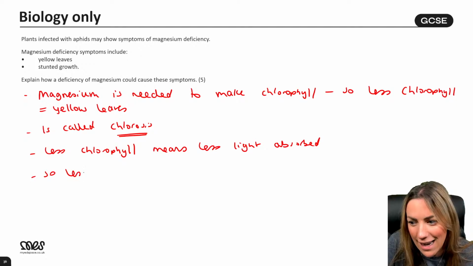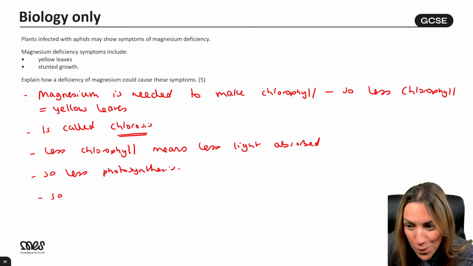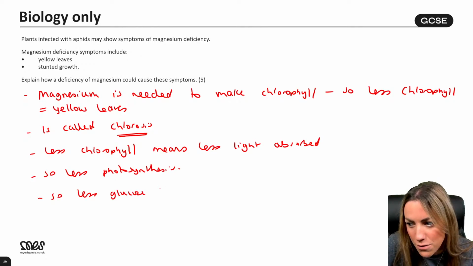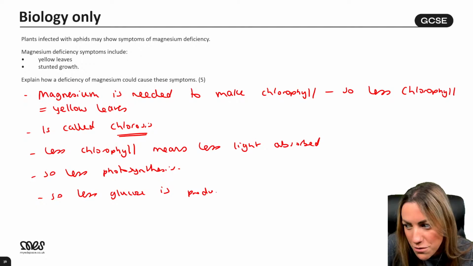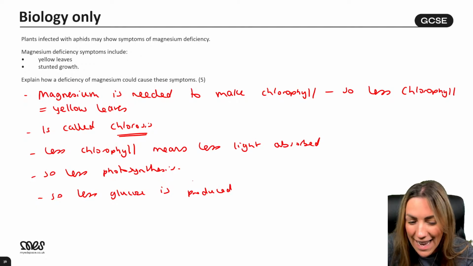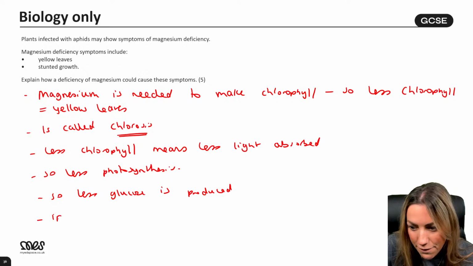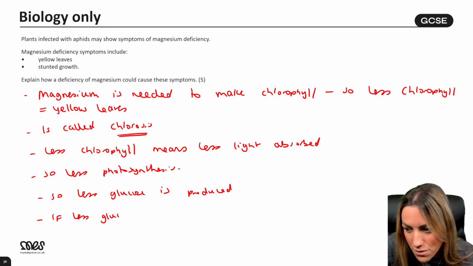So less photosynthesis. We're getting there. So 5 marks, remember. Less glucose is produced. We can still get an alternative mark if less glucose is produced.